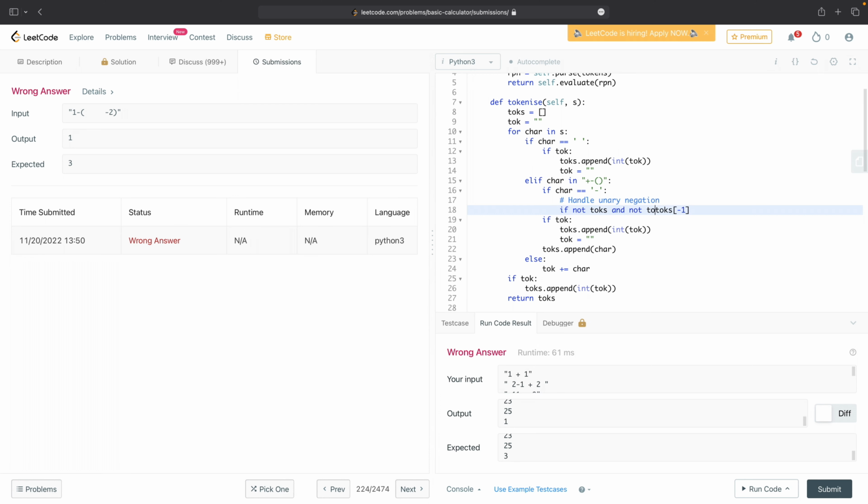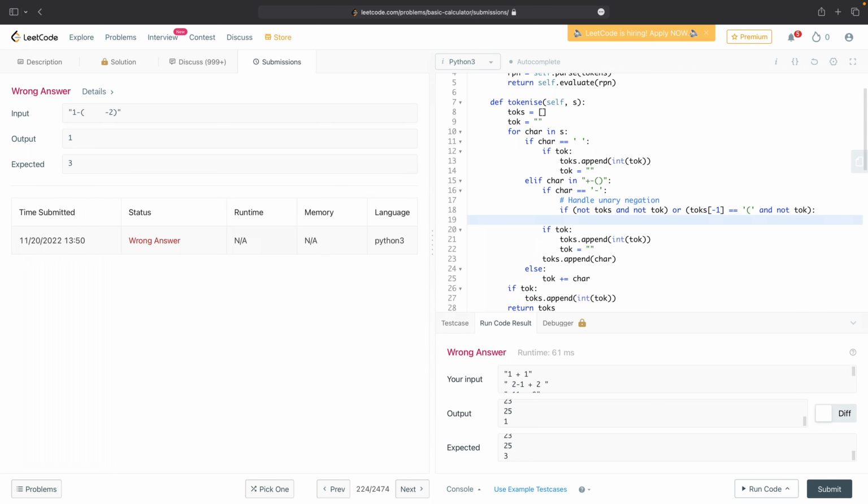and not tok, so not only have we not seen anything, but there's also nothing ready to move, or tox -1 is equal to an opening parenthesis and there's nothing ready to move.